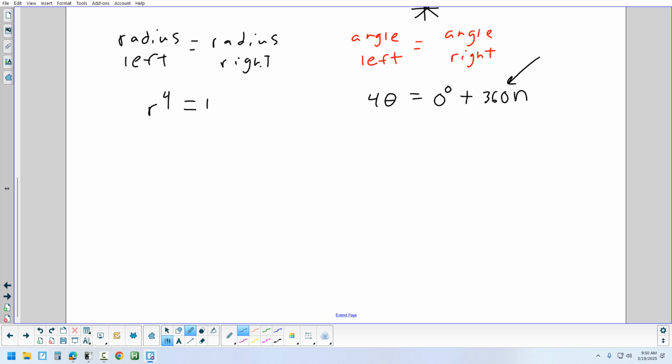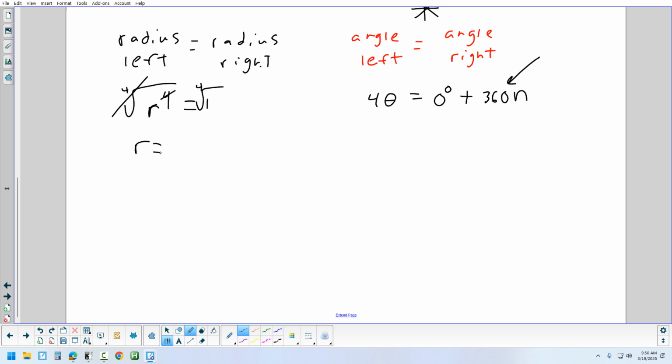How would you get r by itself in that equation? Take the fourth root of both sides. Yep. What's the 4th root of 1? Remember, this is a radius, so it's not imaginary.